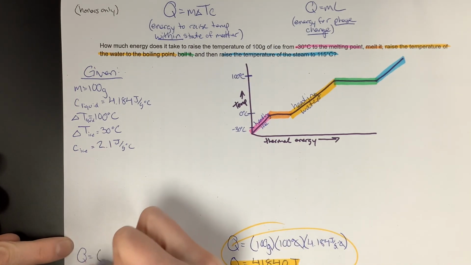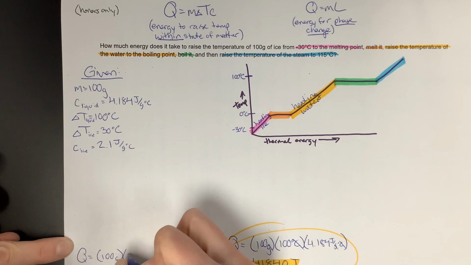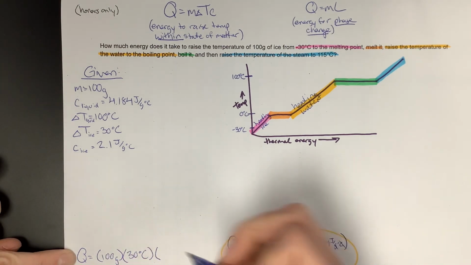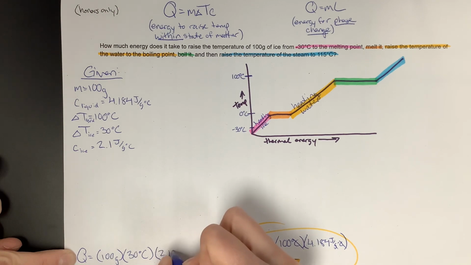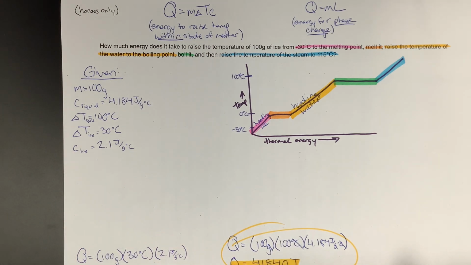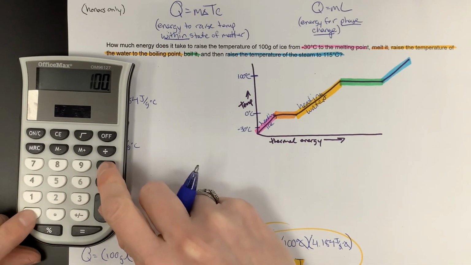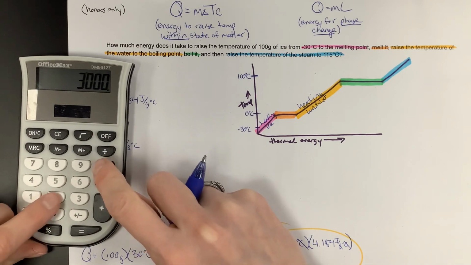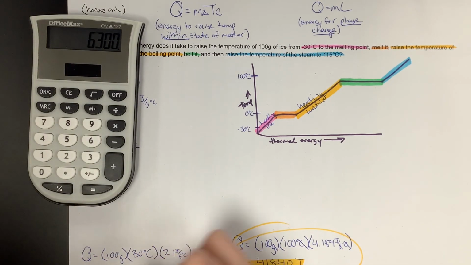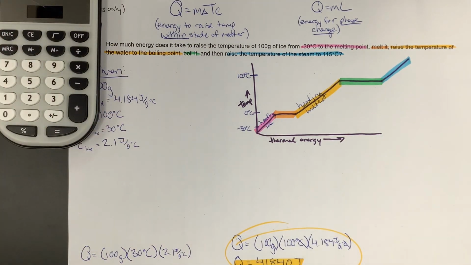Q equals the mass times the change in temp times the specific heat of ice, and that is going to be 6,300, and this is heating the ice.